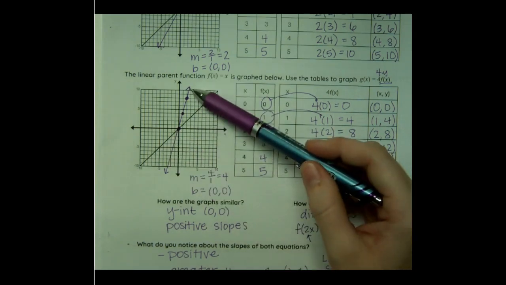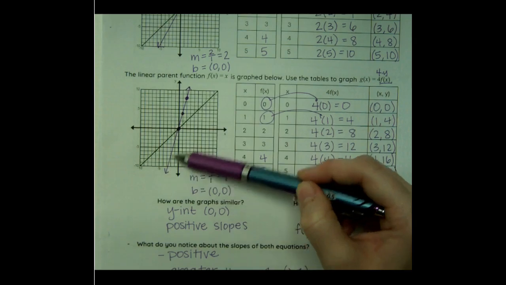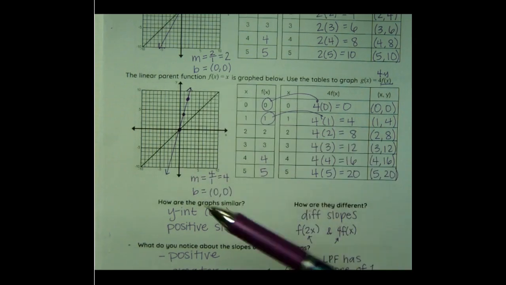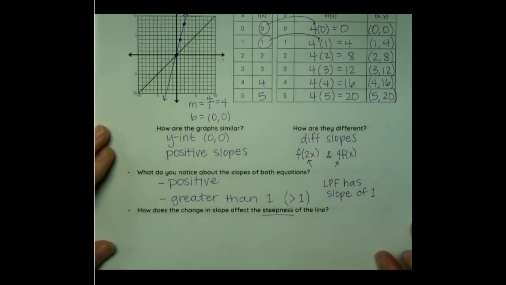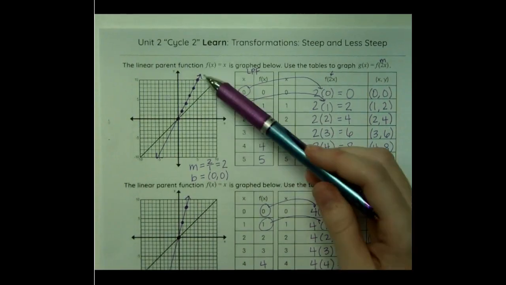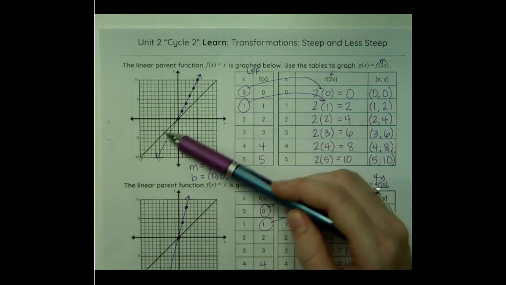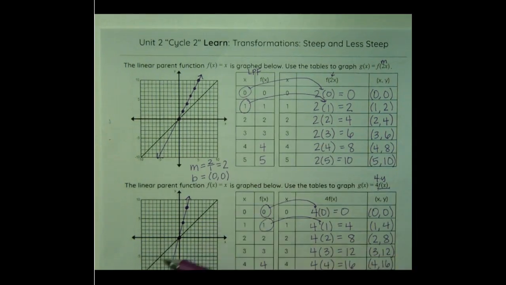Now, if I went skiing or sledding down this purple line, I would definitely be going faster. So both of these graphs, if you look at both of them, this one is steeper than our black line, and so is this one. They're both steeper.